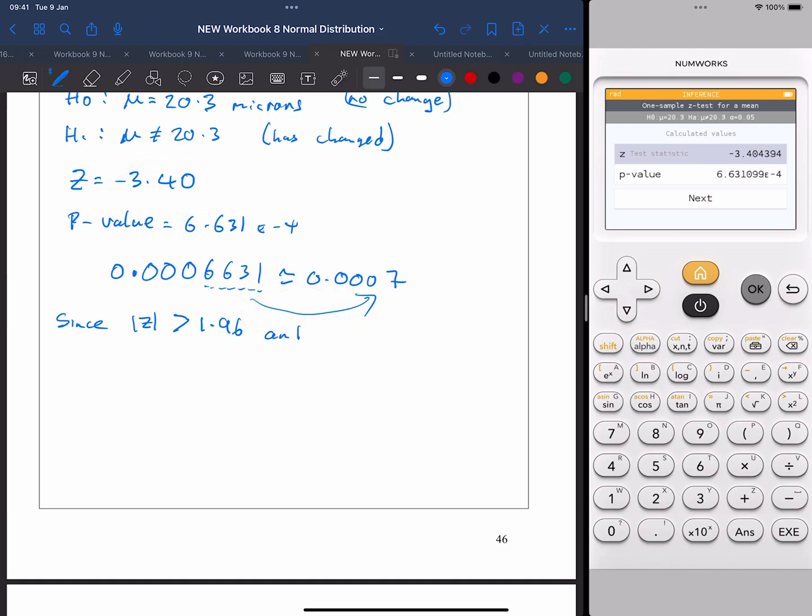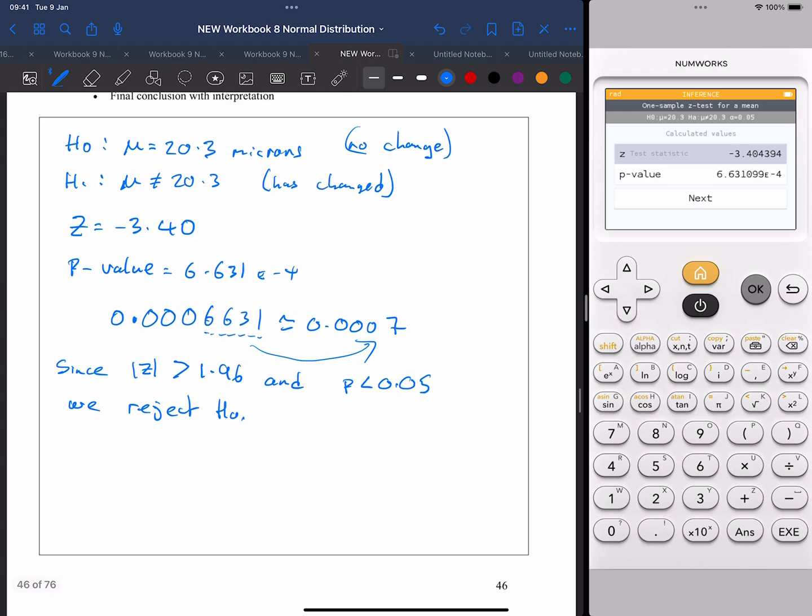And because the p-value is smaller than 0.05, which you can see, we are going to reject the null hypothesis.